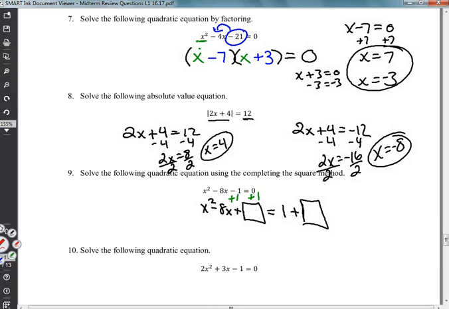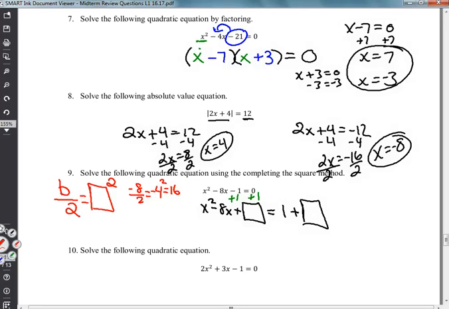So now to complete the square, you take the b term, divide it by 2, and whatever answer you get, you're going to square that answer. So in this case, I take my negative 8, divide by 2, get negative 4, square that, and get 16.